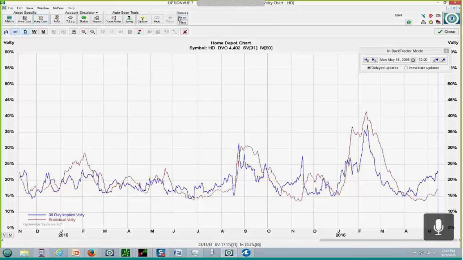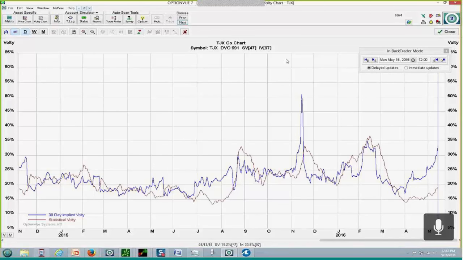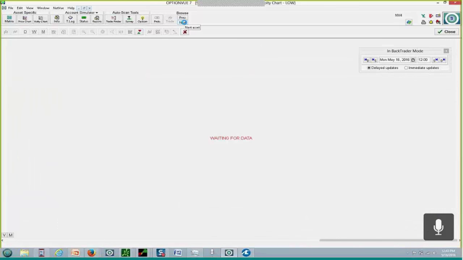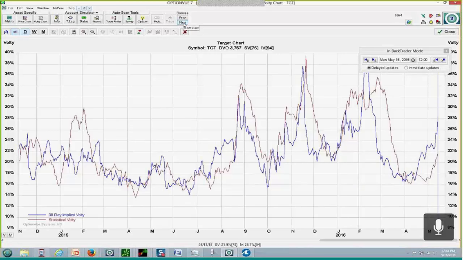And what I can do here is go ahead and click on this next button, and I can just take a look at, here's TJX. Look at the percentile ranking is 97. Notice that only 3% of the time is implied volatility higher. So I'm going to go ahead and just page through and let it load the charts.